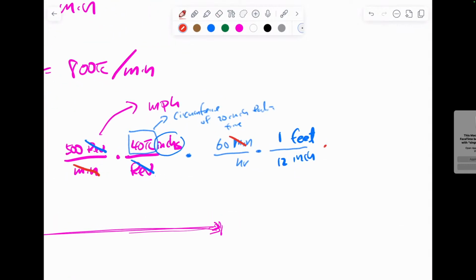Now you have to convert feet to miles, right? So we want to put feet on the bottom and a mile on the top. So therefore, it's 5280 feet equal to 1 mile, right? So all we have to do is take a calculator and multiply all the things on the top.